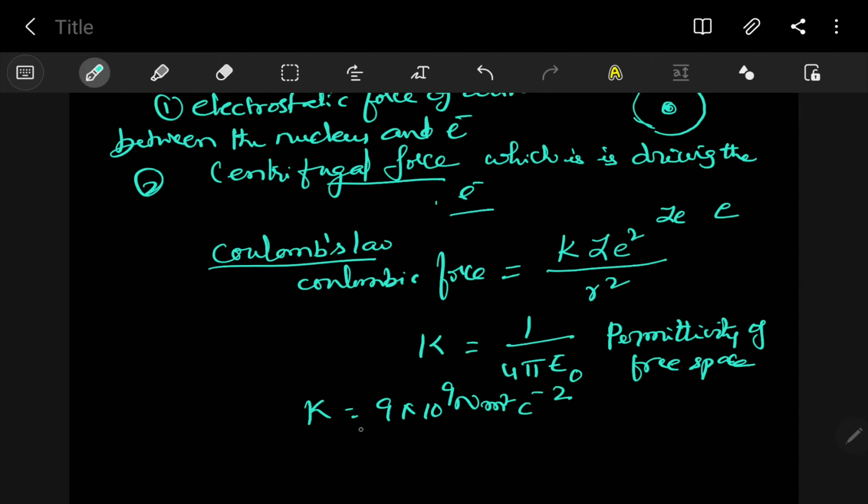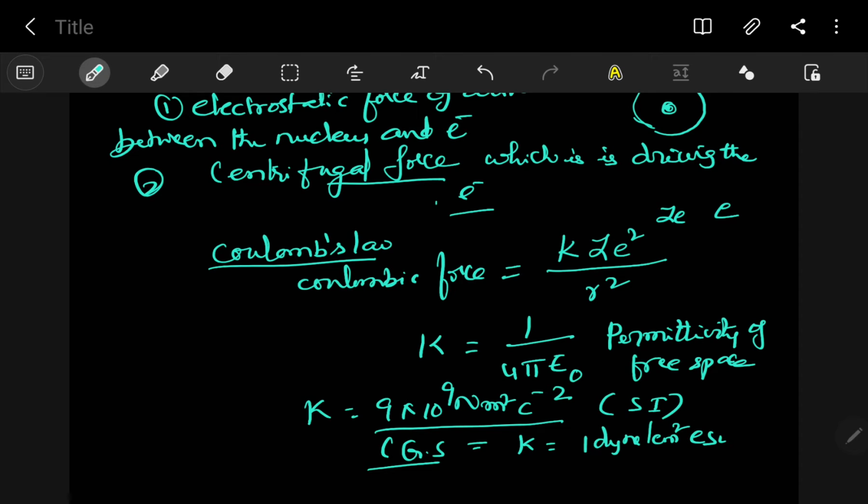This is in the SI system. If you come to CGS units, the value of K is equal to 1 dyne per square centimeter square and ESU to the power of 2.